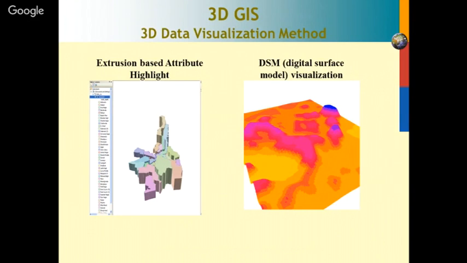Similarly, each of those polygons gets extruded and corresponding values can be represented. Later on, especially with lidar-based data sets, which give digital surface models, we can have DSM visualizations, and the software is now allowing them to be viewed in the GIS domain.